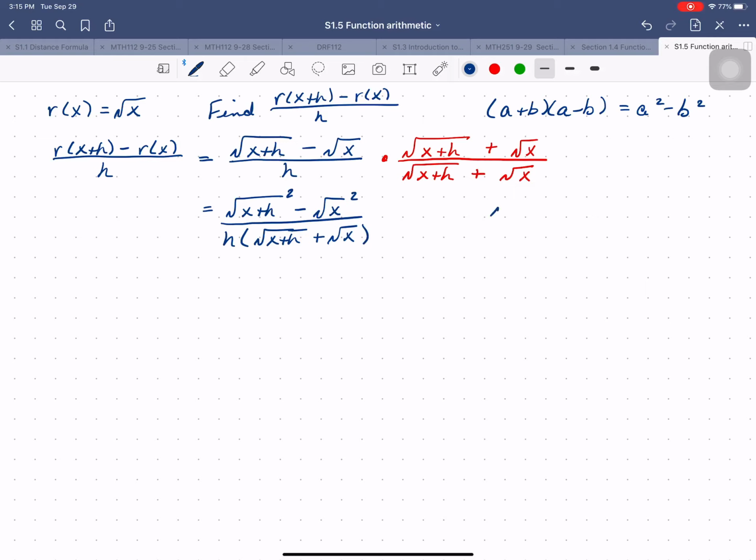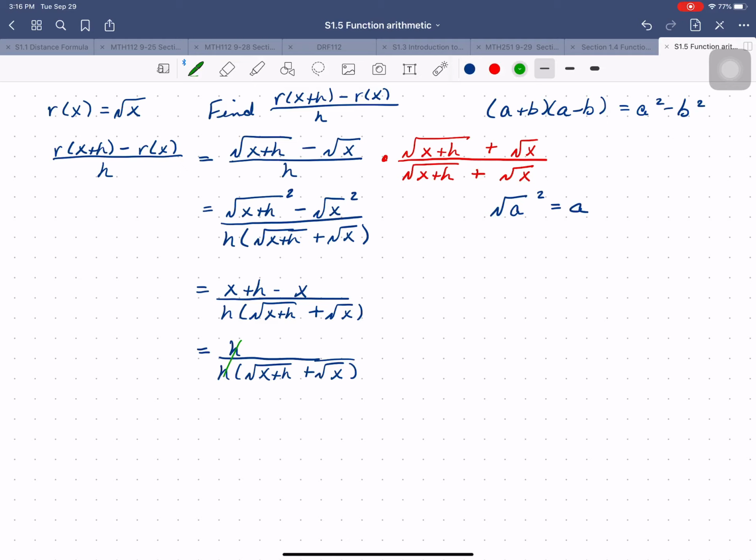Now, the square root of anything squared is just the thing that's inside. It's actually the absolute value of the thing, but that's okay. So on the top I have x plus h minus x all over h times root x plus h plus root x, which gives me h over h times the square root of x plus h plus the square root of x.